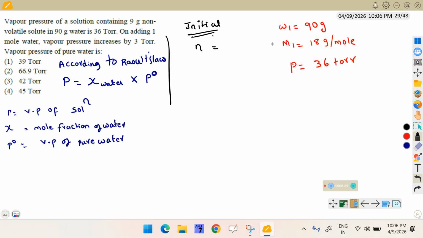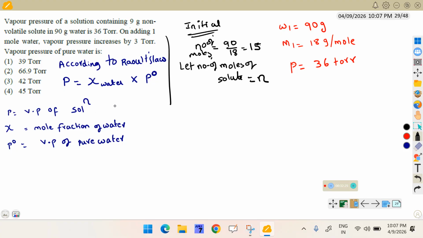The number of moles is 90 by 18, which is equal to 5 moles. Now let the number of moles of solute be small n, because only the solute weight is known; the solute molecular weight we don't know. This is the number of moles.